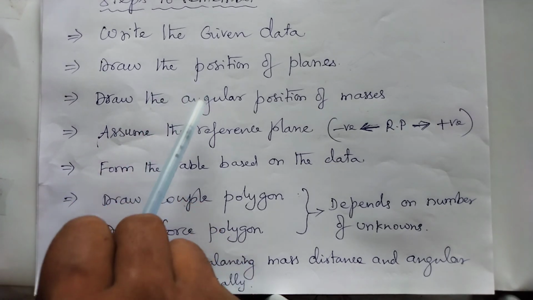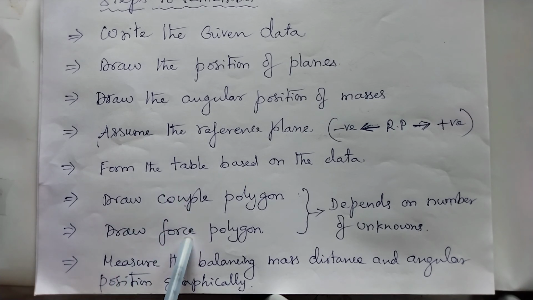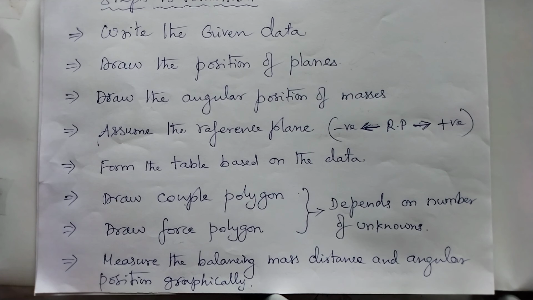Then based on the table you have to draw the couple polygon and force polygon. These polygons purely depend on the number of unknowns. Finally you have to measure the balancing masses' distance and angular positions graphically.